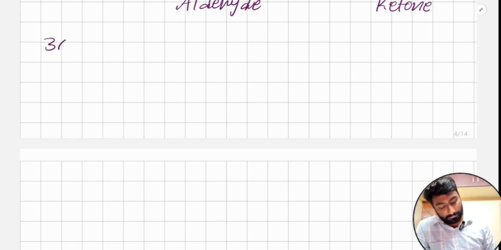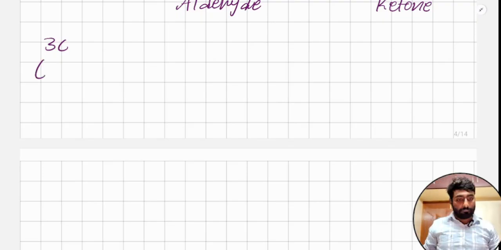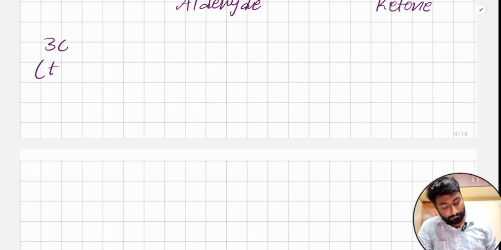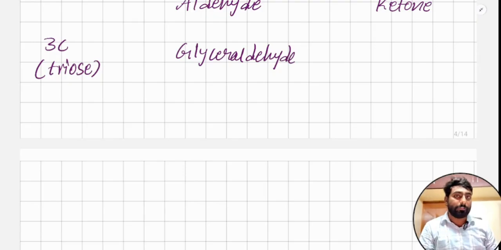Now, if a monosaccharide has three carbons in it, they are called trioses. Very good. What is that three carbon triose in aldehyde? It is glyceraldehyde. What is that three carbon triose in keto group?